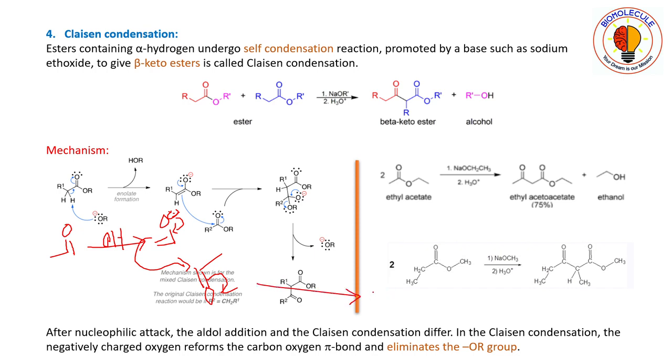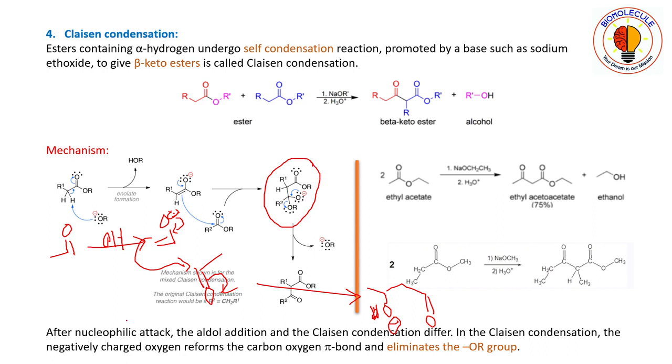Okay, I'm just drawing. Sorry, this O minus over here, then CH2, we were getting this one, that is a beta alkoxy carbonyl compound. Similarly, here also we are getting a beta alkoxy carbonyl compound.